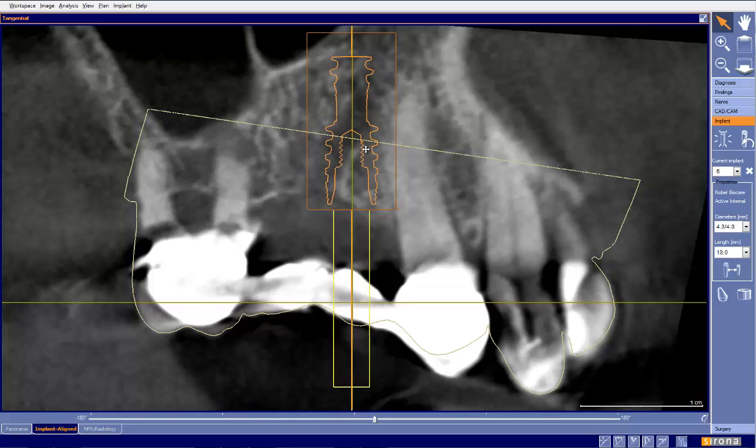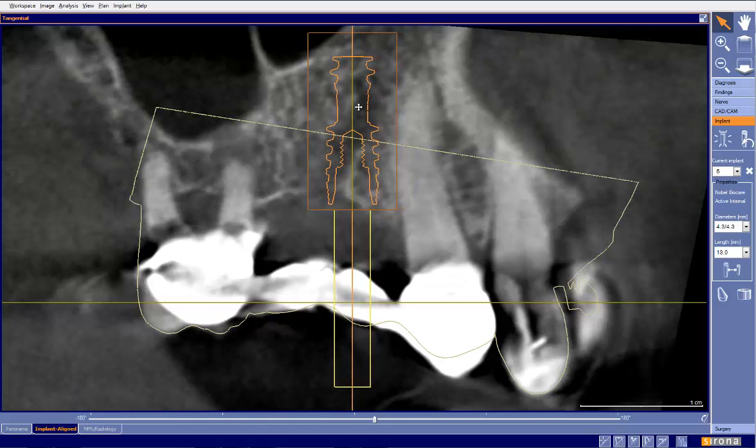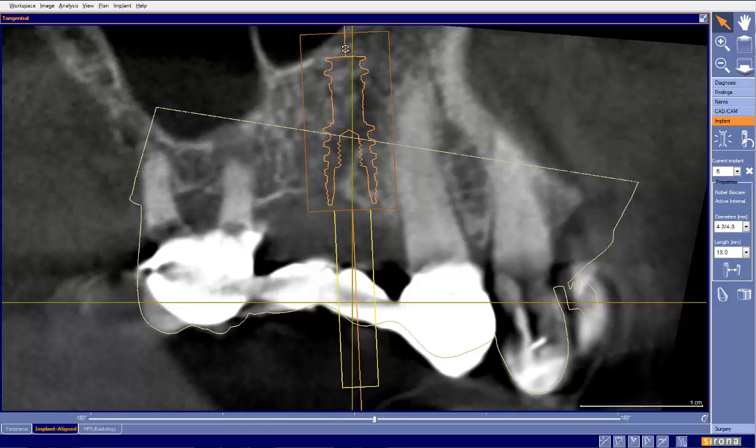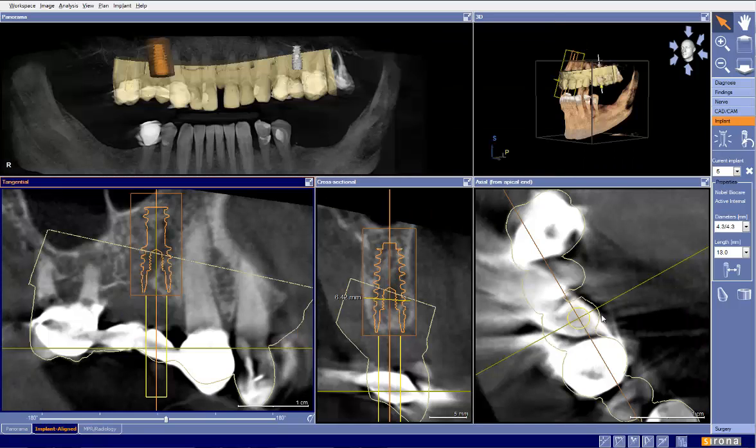So really in this particular case, we do need to move this implant over, maybe about so much, and then we can tilt it and make the compromise of having it right there so that we have enough space away from the adjacent tooth, but yet we're still relatively centered in the tooth itself. So hopefully that makes sense.